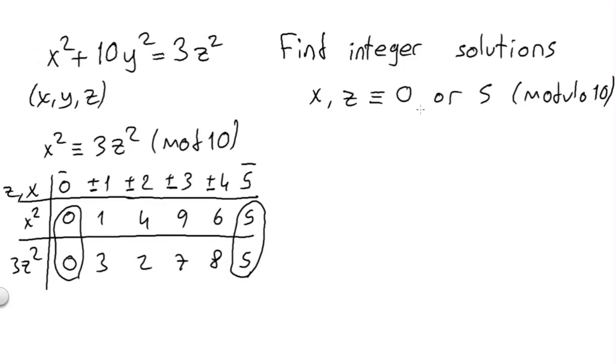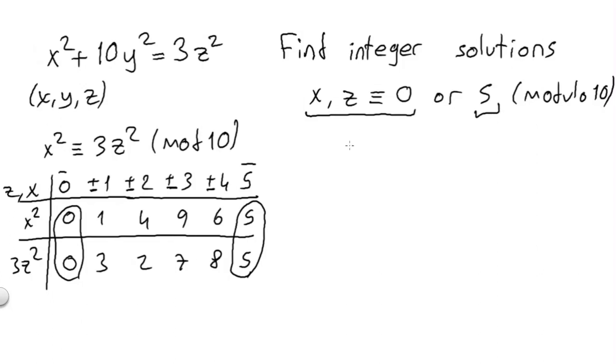Now let's think about the cases. If they're congruent to 5 modulo 10, they're both multiples of 5, because modulo 10 just gives you the last digit. And if they're 0 modulo 10, they're multiples of 10. So either they're multiples of 10 or multiples of 5.